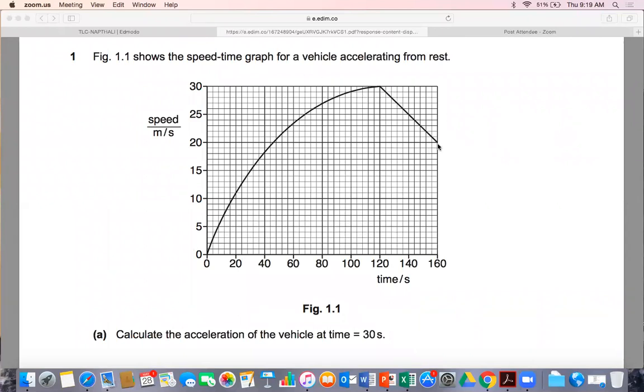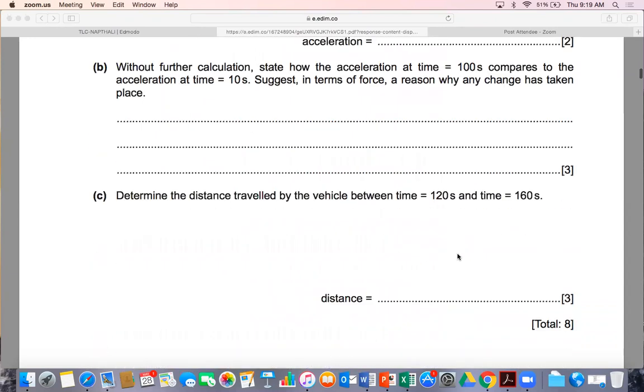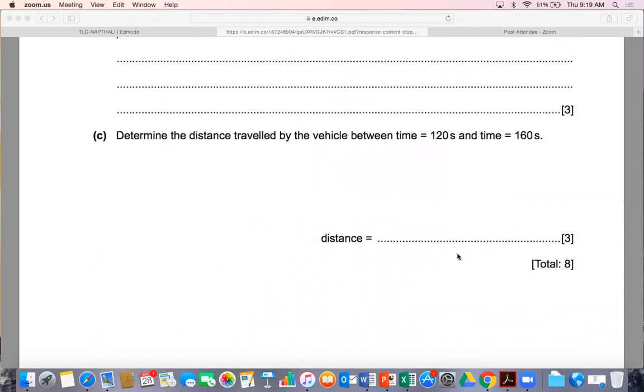Here? 20. So 30 plus 20 is 50. So half times 50 times 40. That is 1,000 meters. So your distance is 1,000 meters.